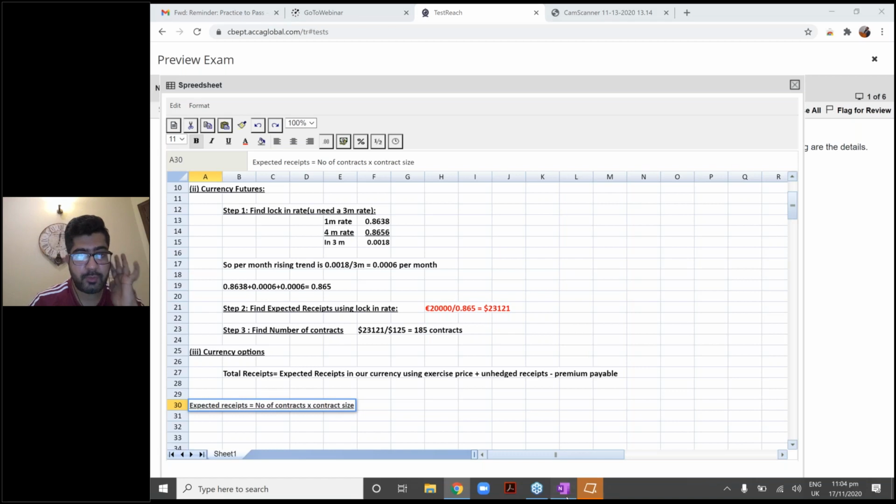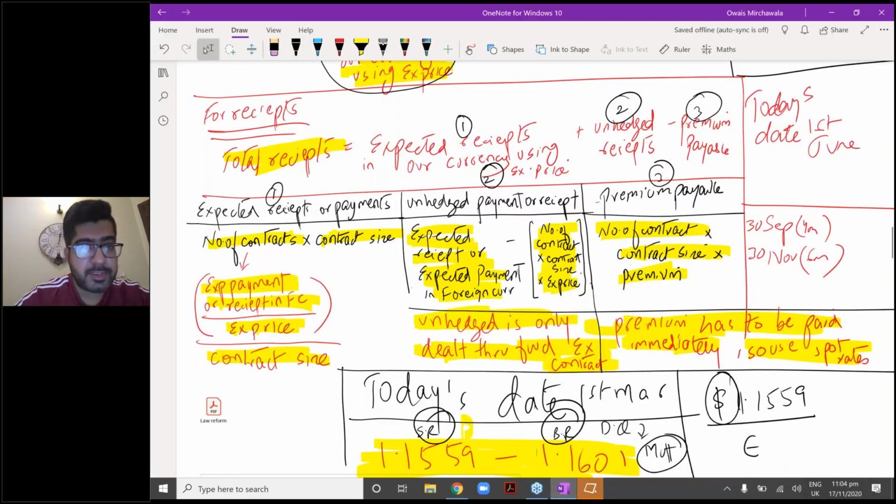See, I made you write the formulas. And how do you compute the number of contracts? It's expected payment or receipt in foreign currency divided by exercise price, divided by contract size. Let's start.